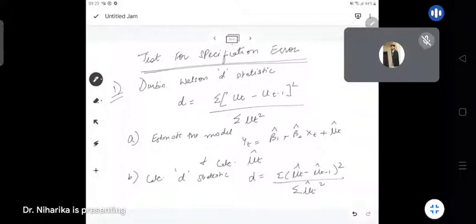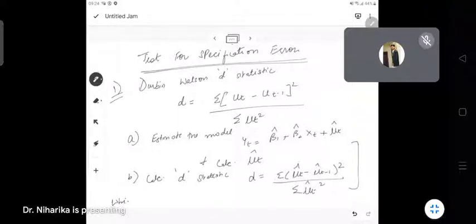So now this is up till here only. So this test tells us that whenever we get no autocorrelation according to this method, that is the correct model to be estimated, or that model will not have the problem of specification error.